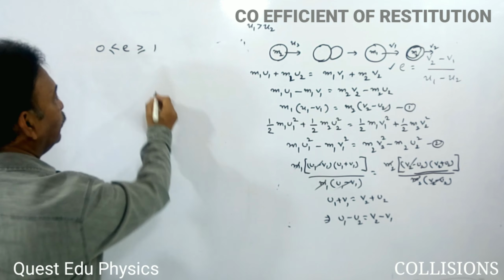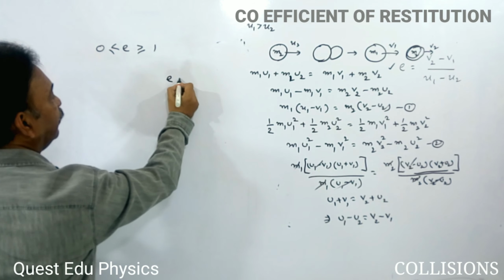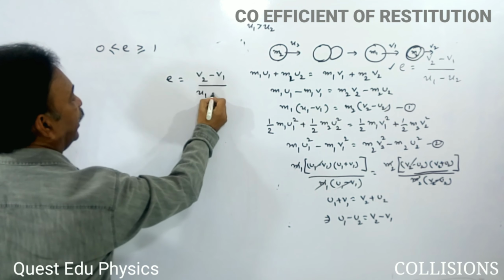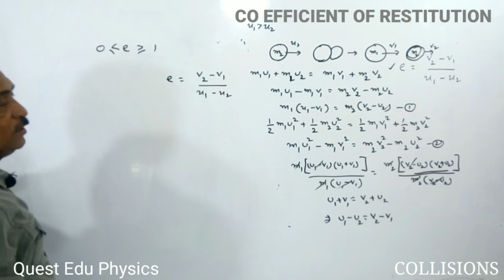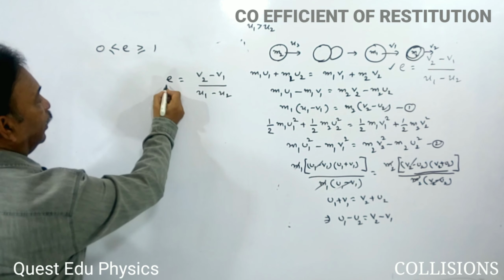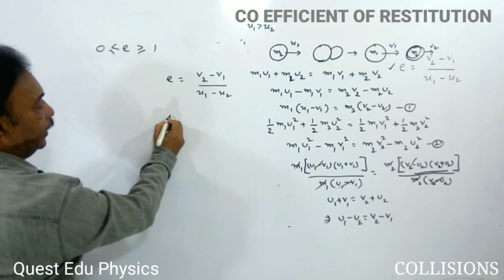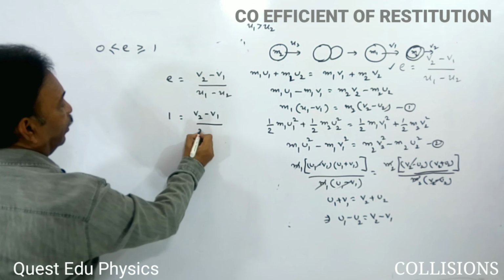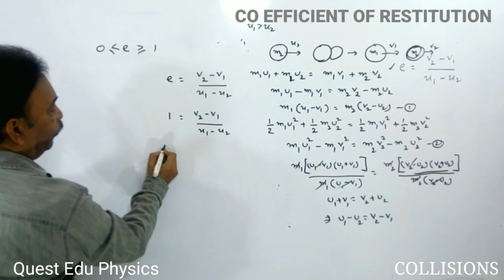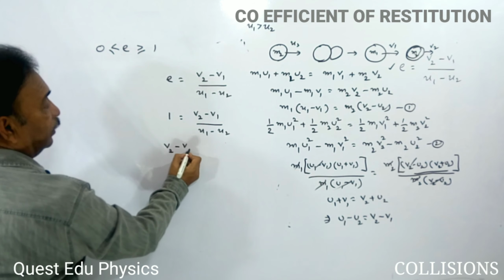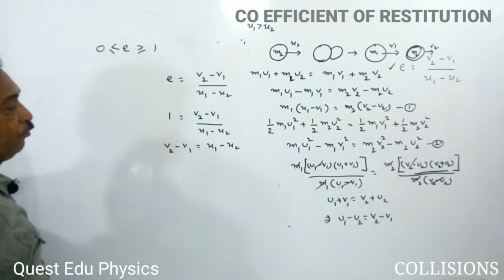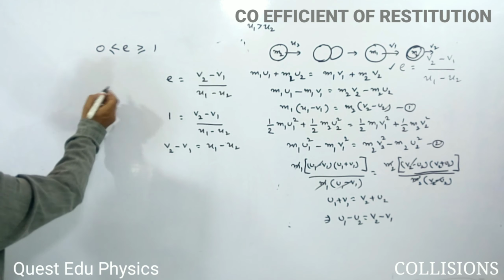If E is equal to 1, let's put the value. We get E is equal to (v2 minus v1) by (u1 minus u2). For a perfectly elastic collision, E is equal to 1, so the velocities will exchange. In the same way, take E is equal to 0.